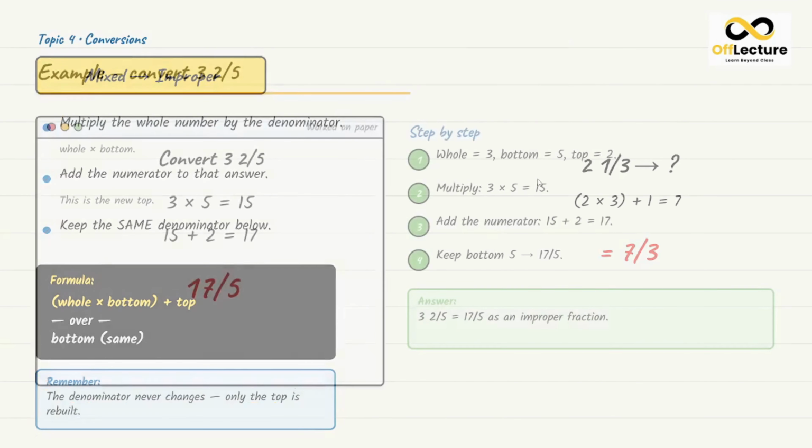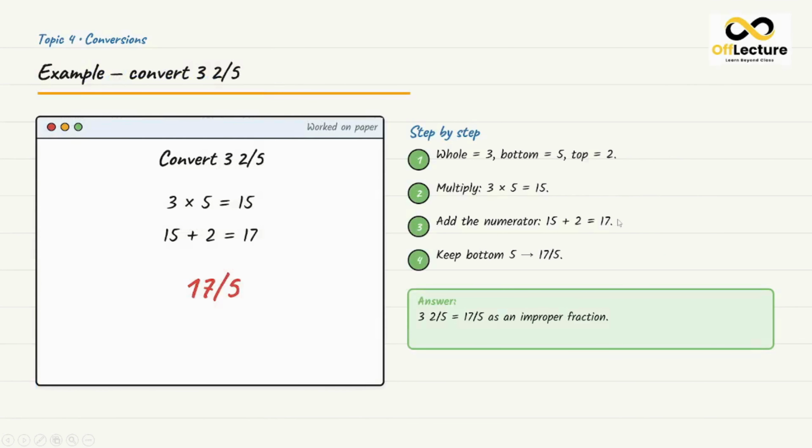Let's do an example to understand it more. We have to convert 3 2 by 5 into an improper fraction. First we understand what parts this mixed number represents.